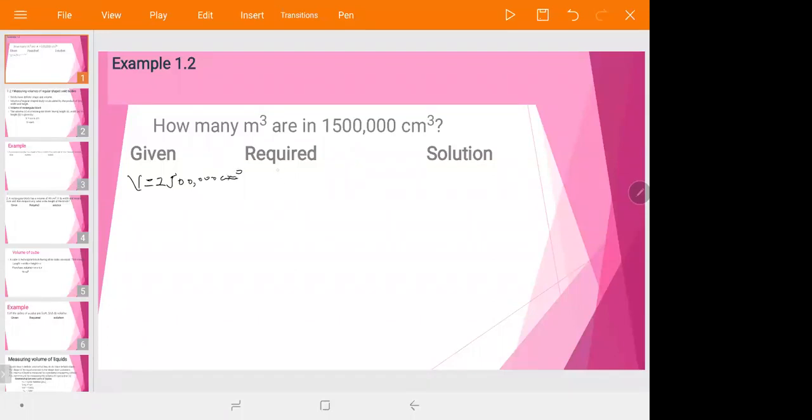The required one is the volume in meter cube. How many? To do this one, how can we solve this question? How can we solve under the solution?